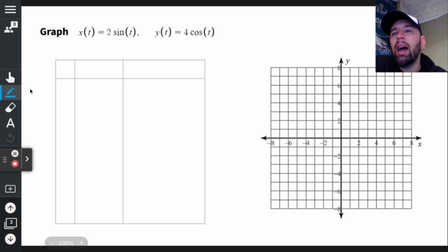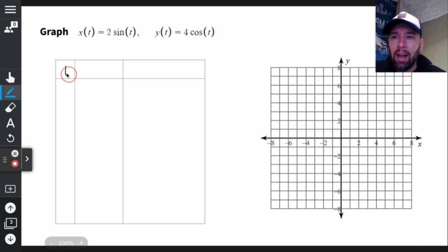For this guy, I have a sine and a cosine. Looking at this, nothing's going on inside the parentheses of sine and cosine, so the period is 2 pi.